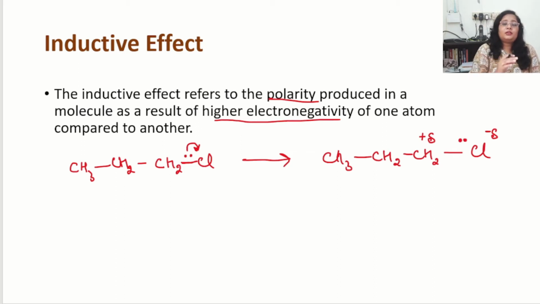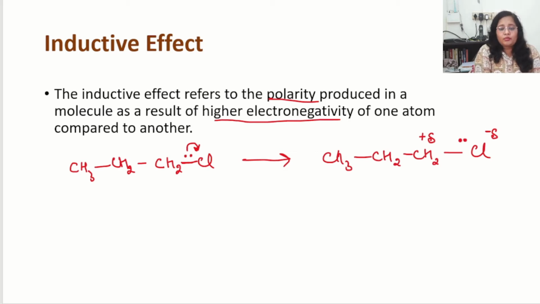Now if we send an electrophile, which is a positively charged reagent, where will it go? It will search for a negative charge position, that is chlorine already. So it will go and add to the chlorine. This is what is going on when we are sending a nucleophile and an electrophile. So inductive effect is a very important part of our reaction mechanism.